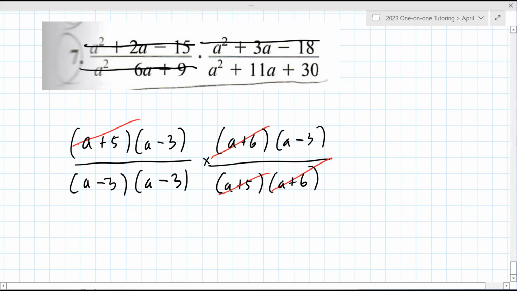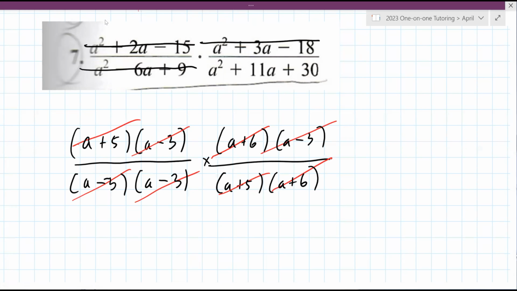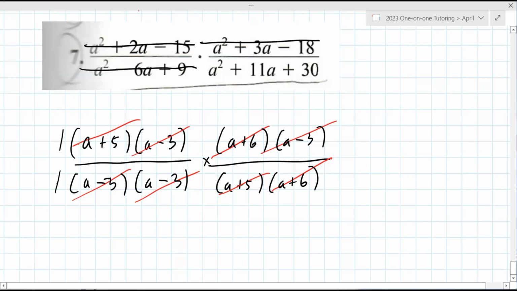And the minus 3. All of them. So in this case, there's actually a 1 and a 1 left over. They're just not written. The 1 over 1 just becomes 1.